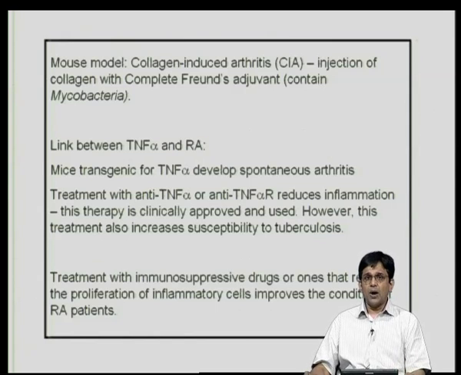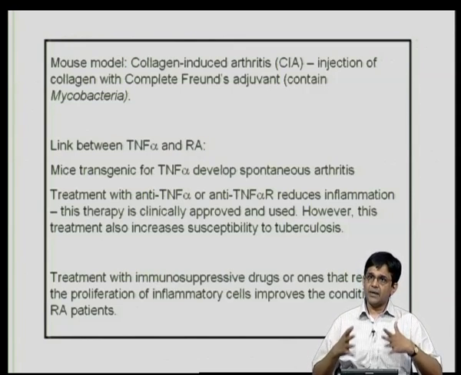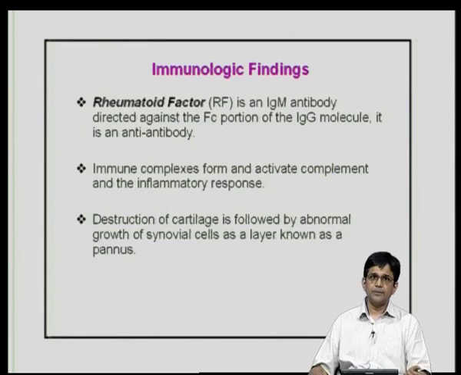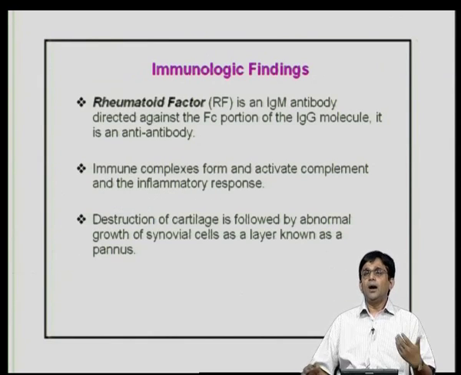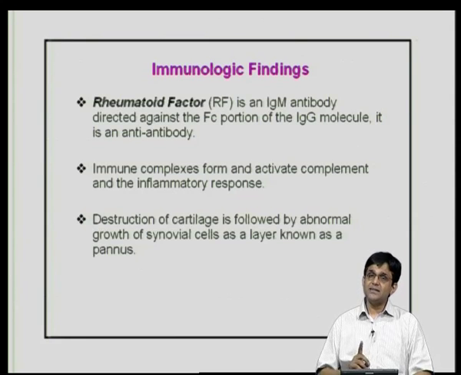Now, with respect to RA, you have treatment with immunosuppressive drugs, or the ones that suppress the proliferation of immune cells, and this again helps. This is again part of a regime that is used against autoimmune diseases. One of the diagnostic features of rheumatoid arthritis is detection of rheumatoid factor. Now, what is rheumatoid factor?